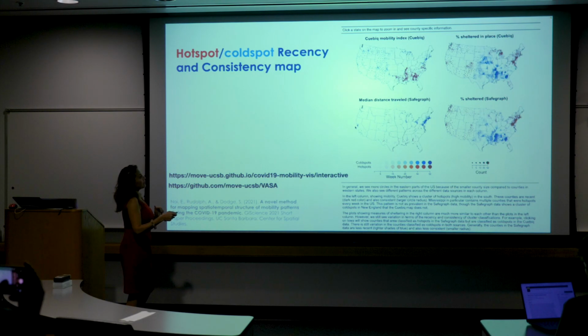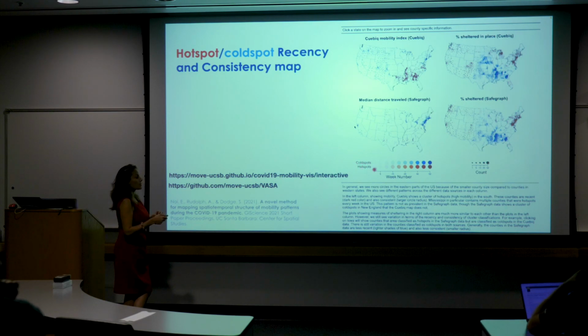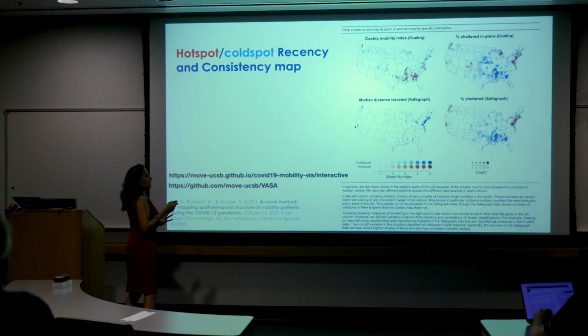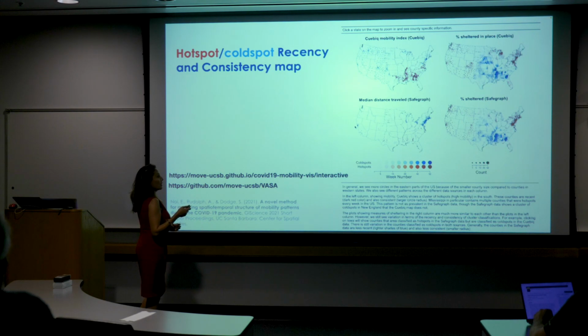So basically, if you look at these dots, each dot represents a cluster, and whether it's a cold spot or hot spot, and the size represents how often it became a cold spot or hot spot. If you aggregate all this year of data in one map to capture the essence of these clusters, we can see that, first of all, two different data sets show different patterns. And then the same data set for different indices might also differ slightly in terms of where these clusters occur.